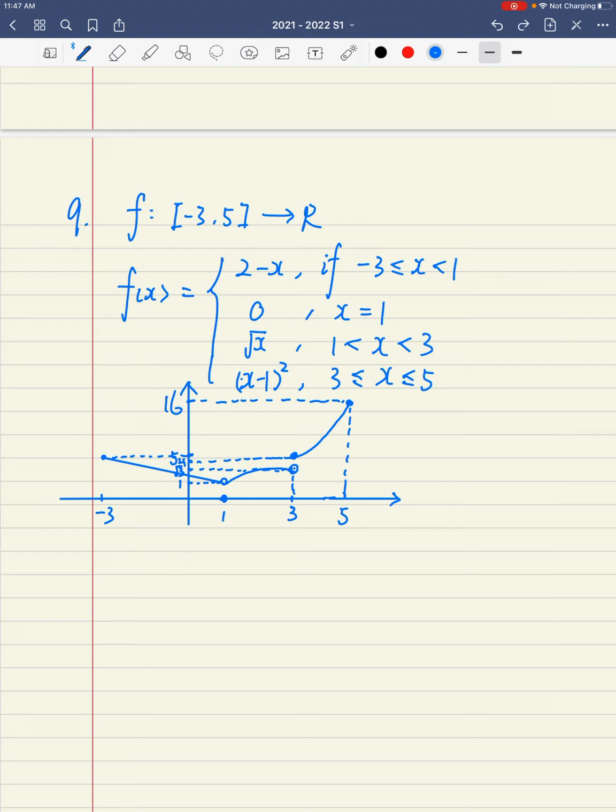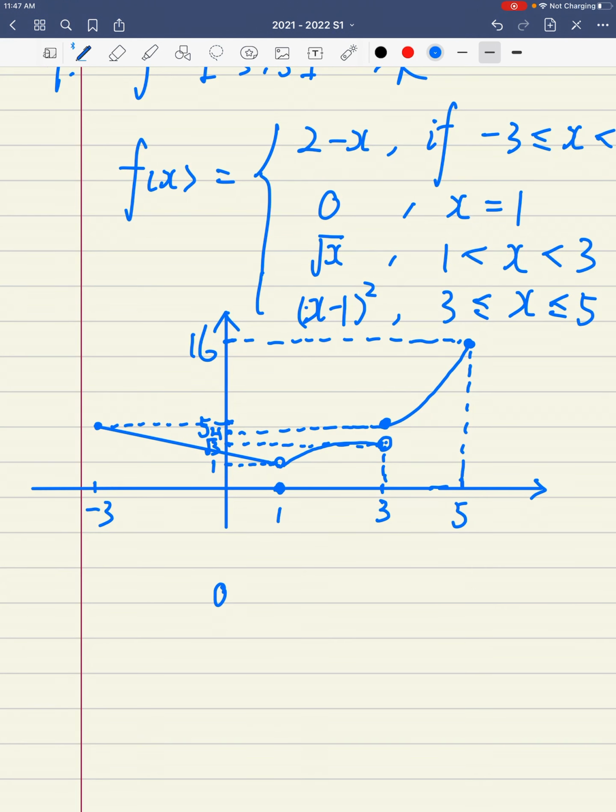But any value between 0 and 1 is not included in the function. For example, 0.5: you can't find any x that gives you the value 0.5. So what's the second smallest value you can take? It's slightly greater than 1.